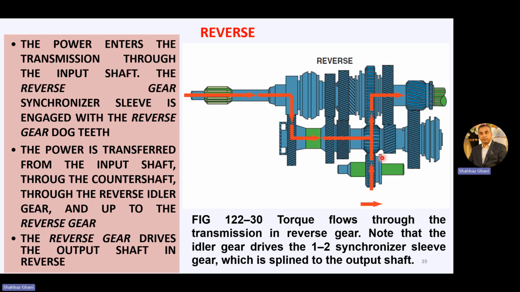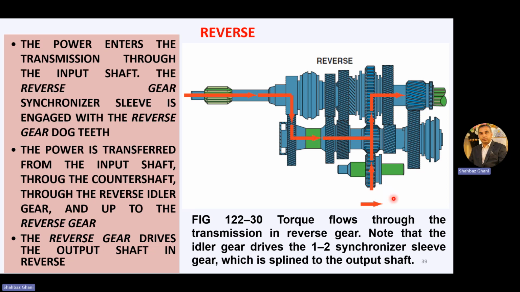So as you have seen, if you have to move in the reverse direction, you have to completely stop the vehicle and then you have to apply the reverse gear. It is not like you're moving in the forward direction and then you suddenly apply the reverse gear. No, it is not like this. You have to stop the vehicle almost to the dead stop, and then you apply the reverse gear.